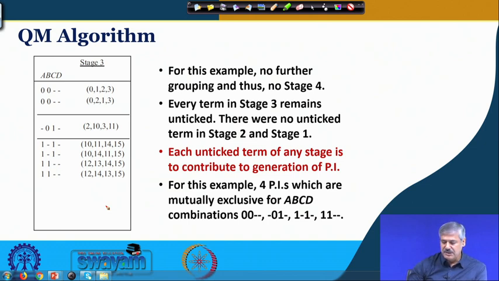So, in this example, these are the 4 prime implicants, mutually exclusive, because 10 11 14 15 and 10 14 11 15 are the same, they mean the same. That is 1 dash 1 dash. So, they are not essentially different. Basically these are the 4 terms that we get which will contribute to the prime implicant formation.